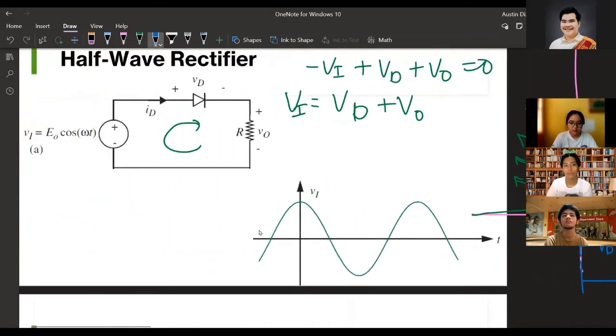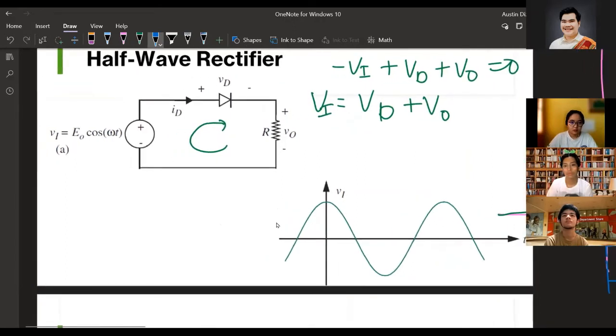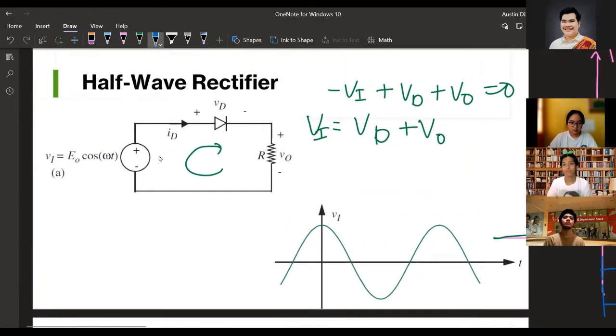And then, tingnan natin ngayon yung intuitive lang na inspection nitong circuit natin. Di ba yung diode, gusto niya lang one direction ng propagation ng current sa kanya? Pag nasa maximum cosine ka, so here, kunwari ang maximum ko E, no? Ang mangyayari, this potential here is higher than here.